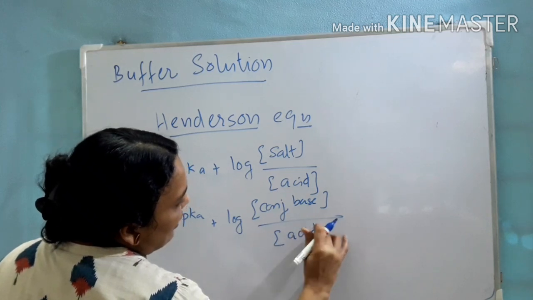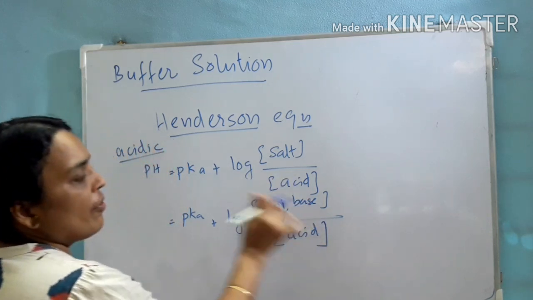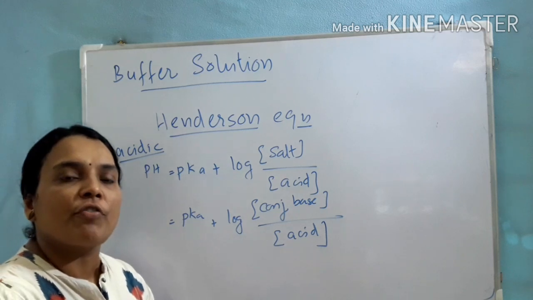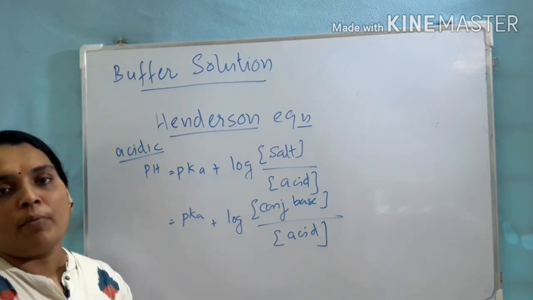If it is given in terms of conjugate base, we can write molar concentration of conjugate base by molar concentration of acid.